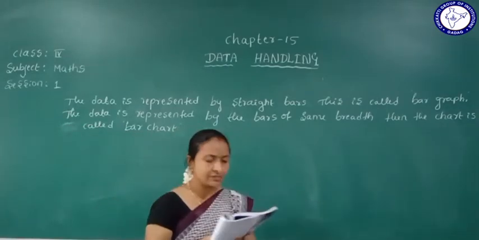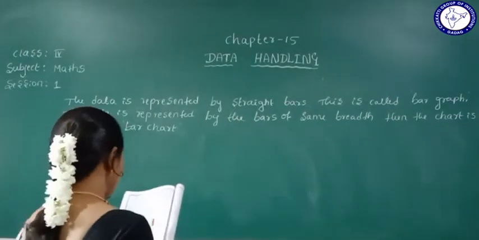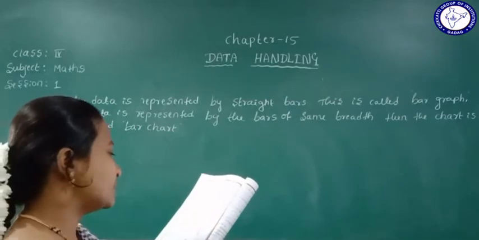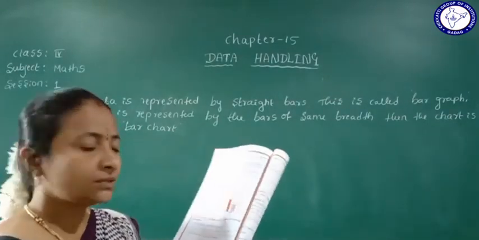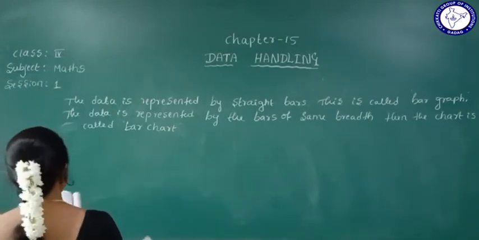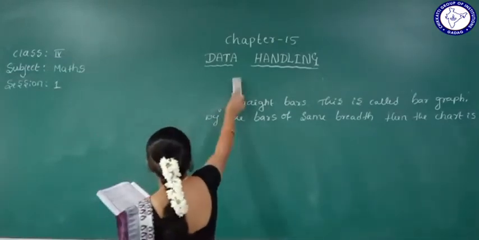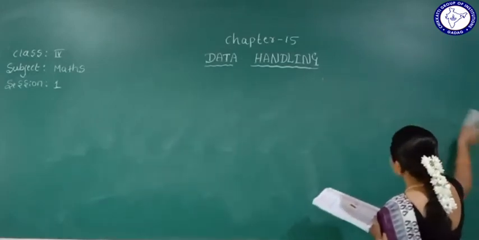Next we go to the example. It is given here as the weight of the flowers, directly as a chart. That is a bar chart. First we'll draw that bar chart, and after that we'll write the questions and answers.